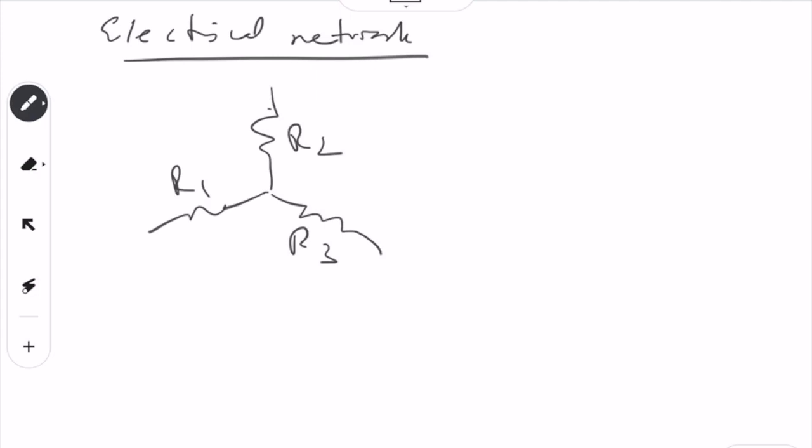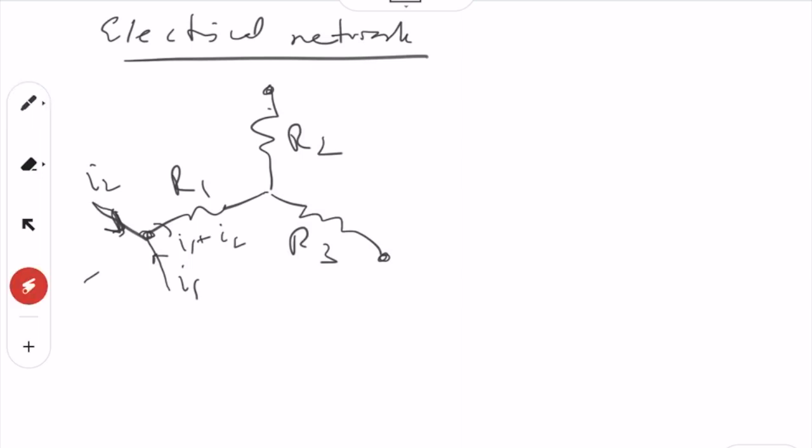It was possible to do it because it does not matter whether current is coming from this side or from this side. You just add them. This is I1 from this side, I2 from this side, this becomes I1 plus I2 and so on, regardless of the direction of the wire, right. You don't care where it is coming from, you just add them.